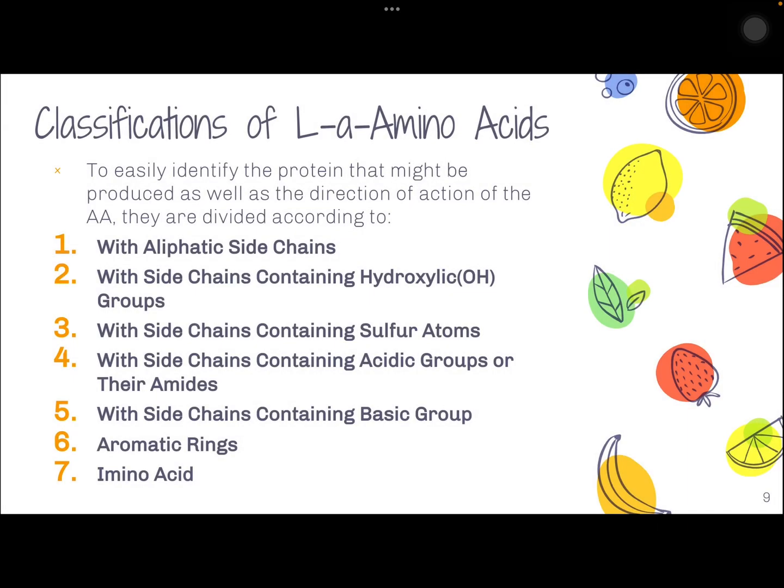Now we classify amino acids with their aliphatic side chains, those containing hydroxylic groups, side chains containing sulfur atoms, acidic groups, basic groups, aromatic rings, and your imino acid, which is only proline.